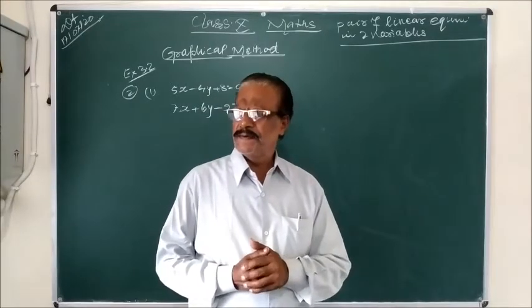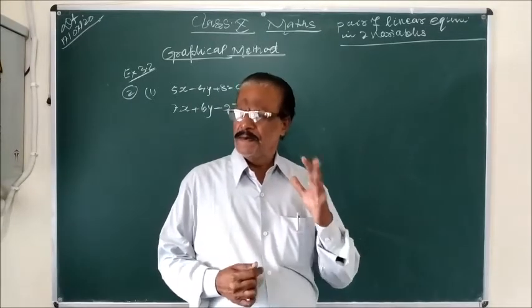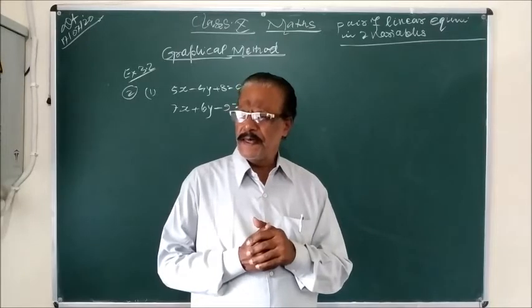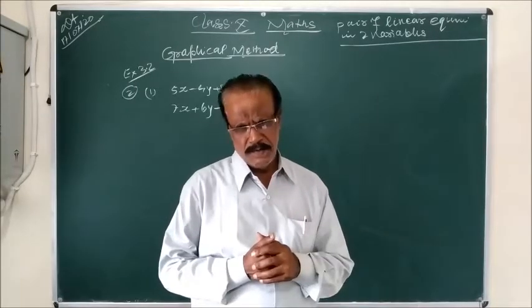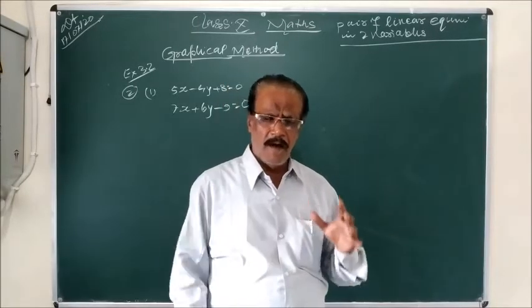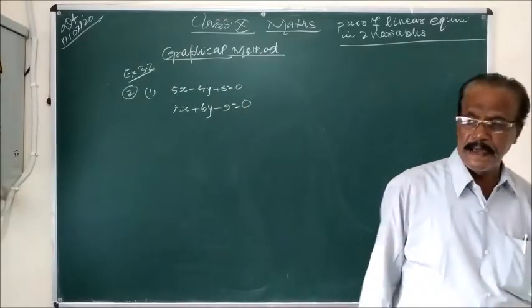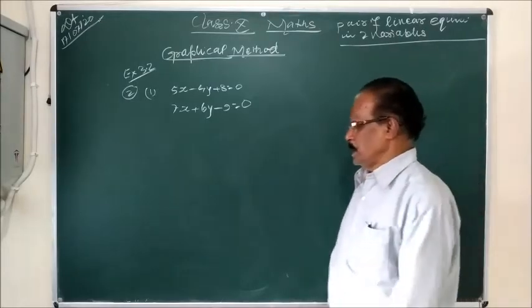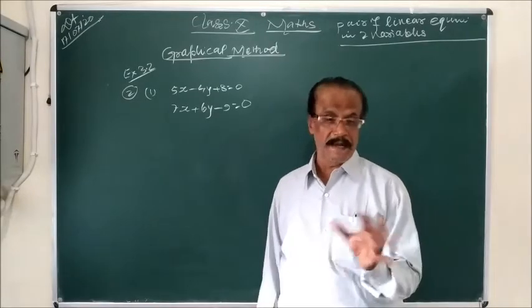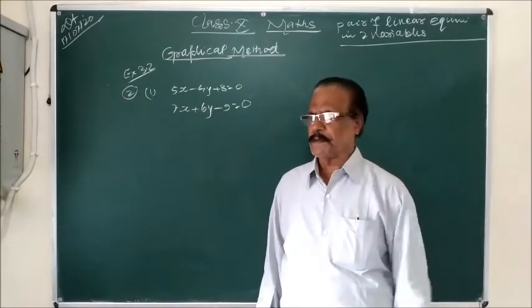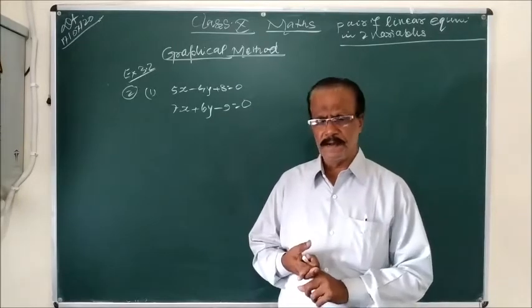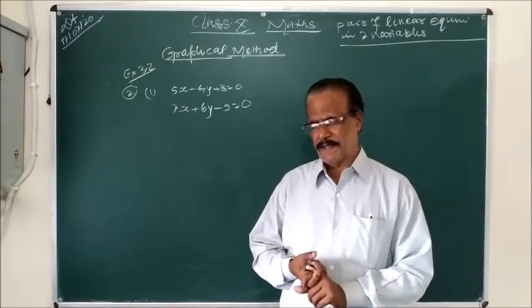My dear students, I have already told you that there are many methods to solve a pair of linear equations in two variables: algebraic method and graphical method. In the algebraic method, there are three methods: method of substitution, method of elimination, and method of cross multiplication.